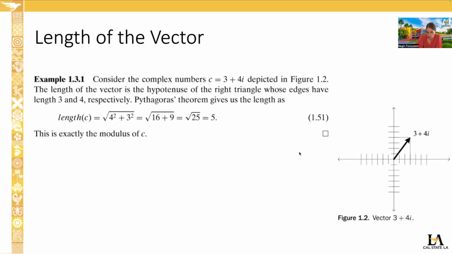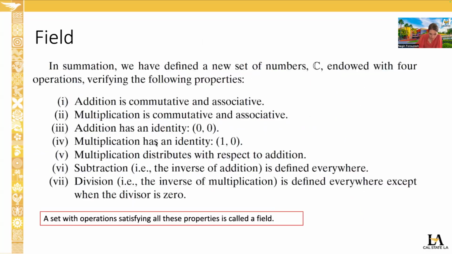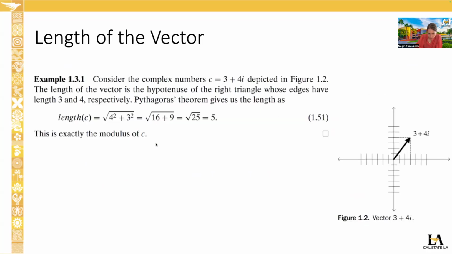So earlier I showed you that if you have a complex number C, you can calculate its modulus, and that's the square root of a squared plus b squared, right? Now we have a better idea about what that modulus is given this representation in the complex plane.